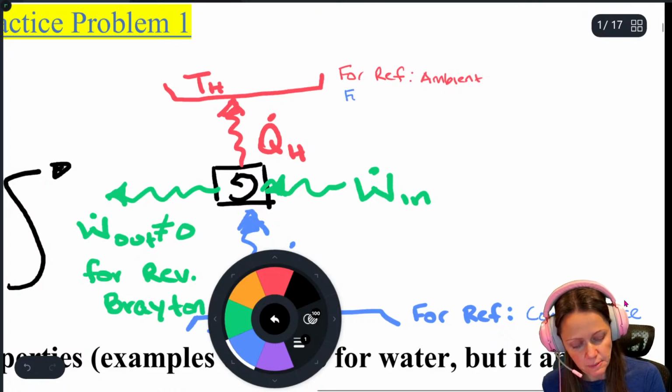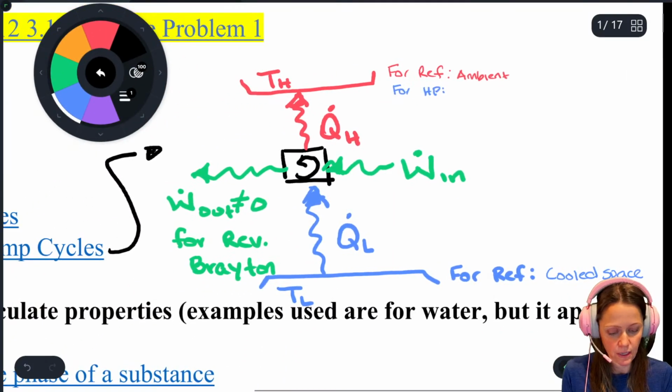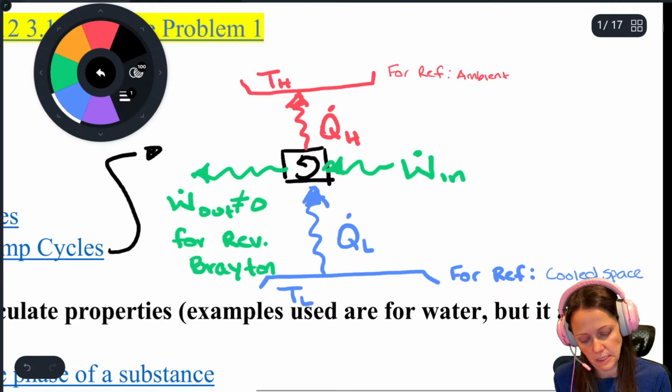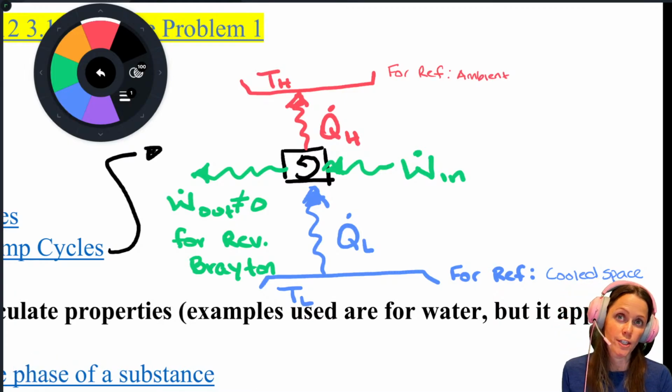If this is being run as a heat pump, for all intents and purposes, these are doing the exact same thing. We're just going to call it something different based on what we're ultimately after.